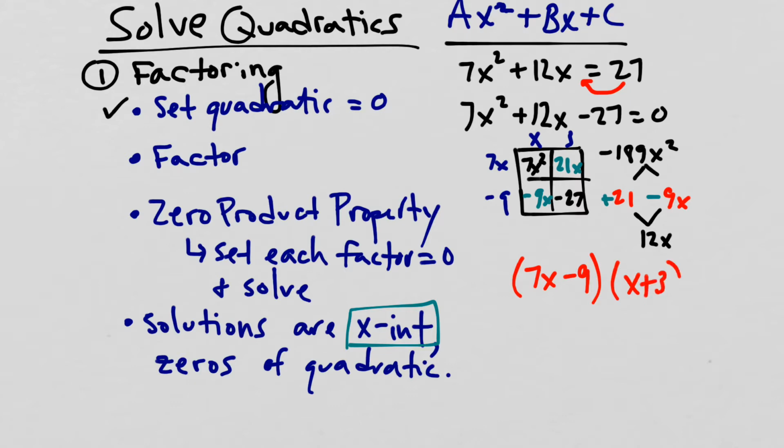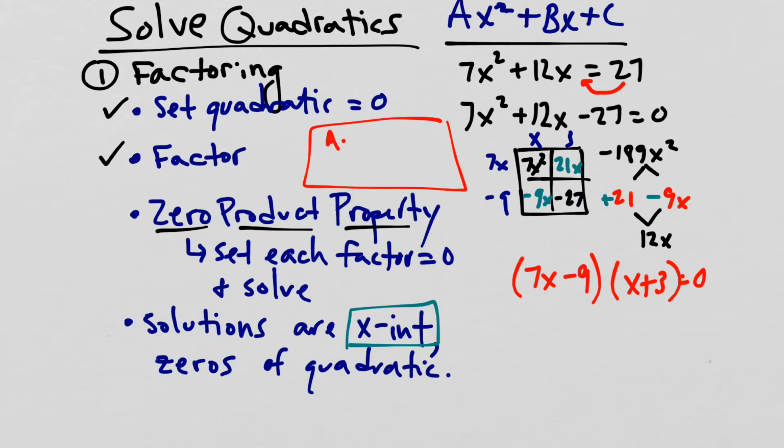So if the problem factors, we still have that set equal to 0. So now we use something called the zero product property. And what that means, just as a side note, is that if A times B equals 0, then either A has to be 0 or B has to be 0.